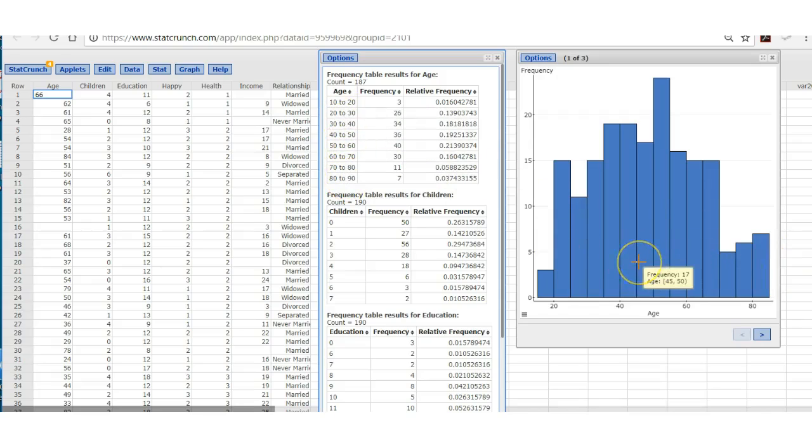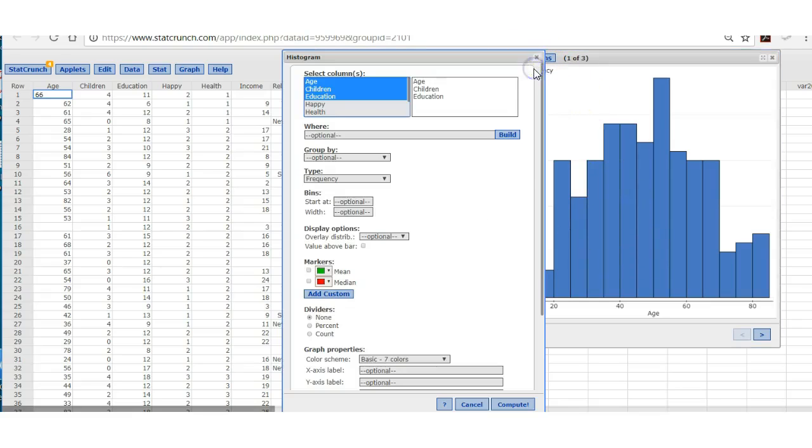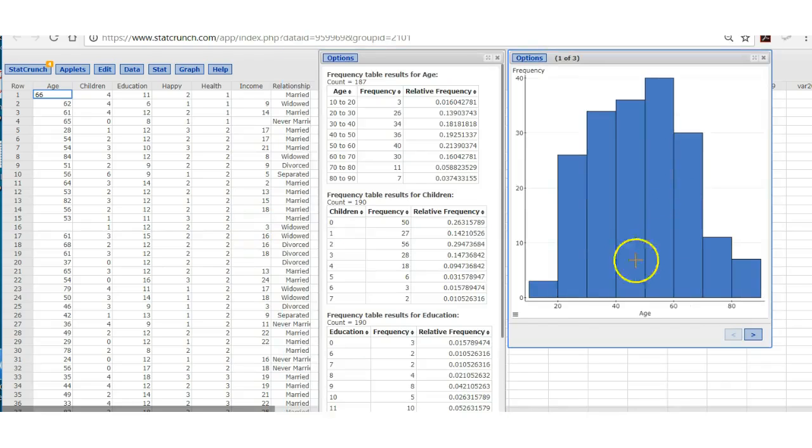So this is giving us a slightly different result and a different picture of the data than our frequency table over here did. If we want our histogram to match the classes that are in our frequency table, we could go back to this and edit it. So we want our bin width to be 10. And now we have a histogram that matches what we have in our frequency table.